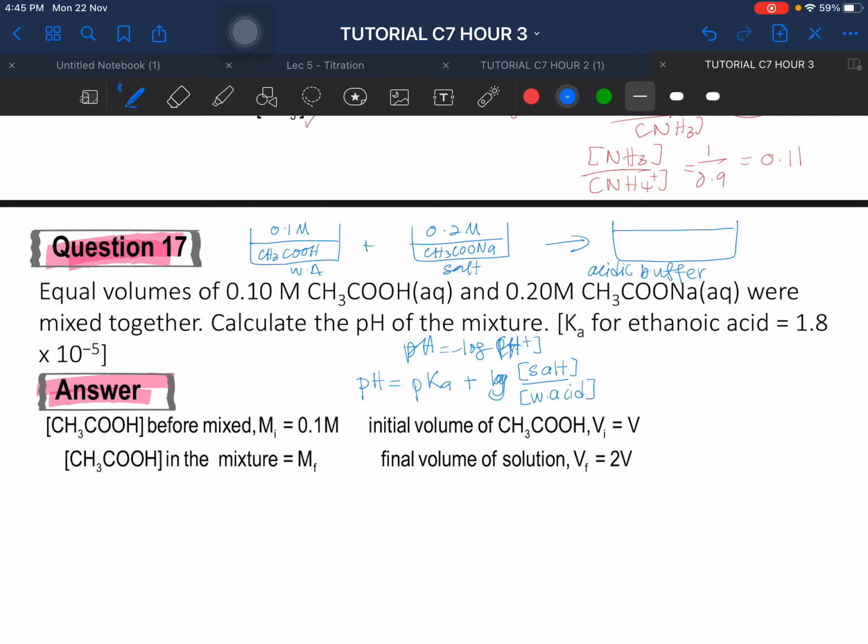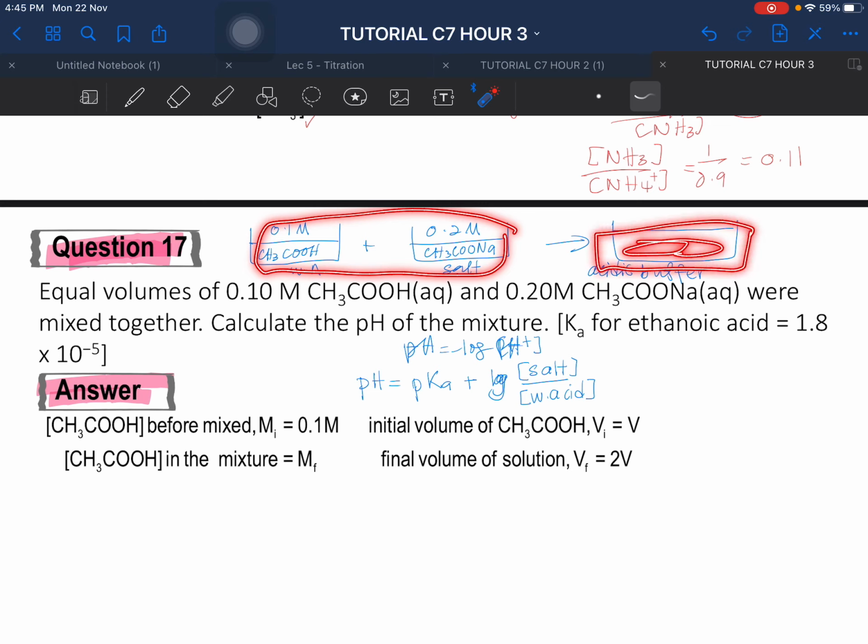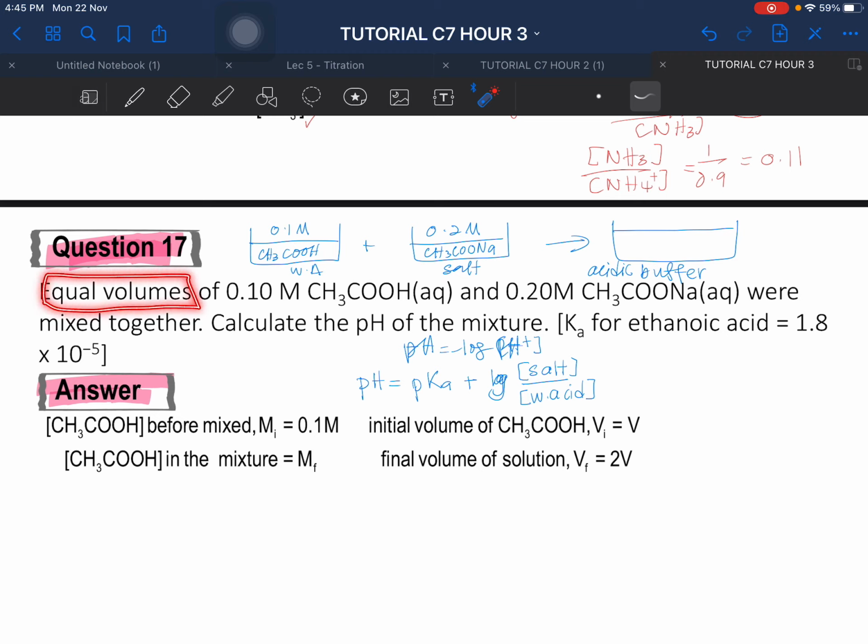Initially, the concentration of the weak acid is 0.1 molar and the salt is 0.2 molar. When they combine, they will form a mixture of acidic buffer, so the volume has increased. Here it is mentioned it is equal volume.